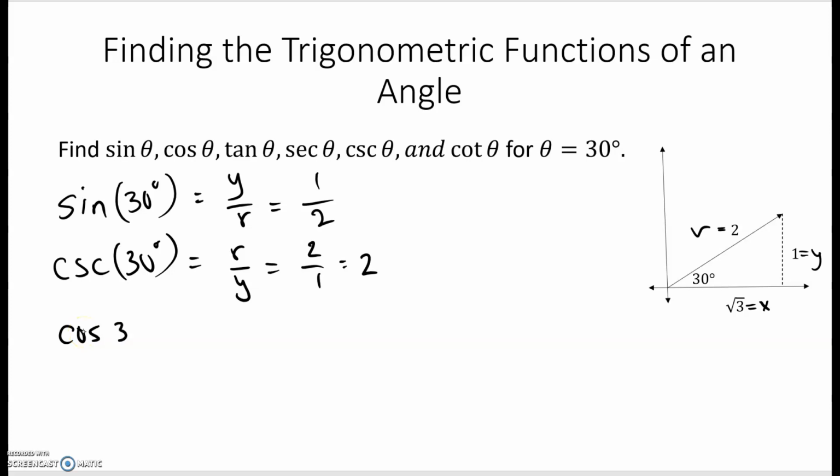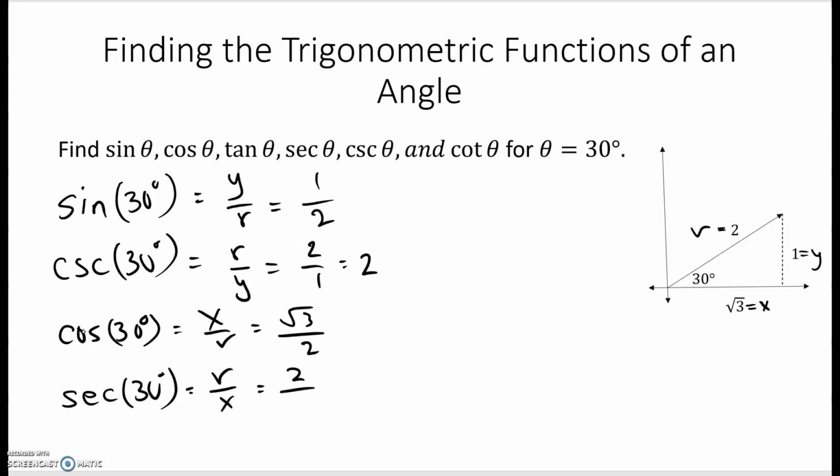Okay, if we find cosine of 30, that is X over R. X is square root of 3. R is 2. That's it. We'll find the reciprocal of cosine, which is secant of 30, which is R over X. So 2 over the square root of 3. Hey, we've got a radical in the bottom, so we've got to rationalize. So 2 square root of 3 over 3.